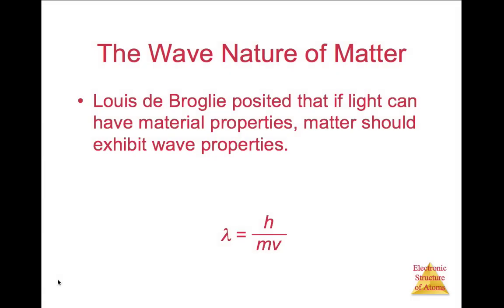Well, Louis de Broglie, another famous scientist, came along a little bit after Einstein and Planck and Niels Bohr, and said, well, since you're treating these electrons a lot like light energy, and you're treating them like waves, how come everything else doesn't act as a wave as well?